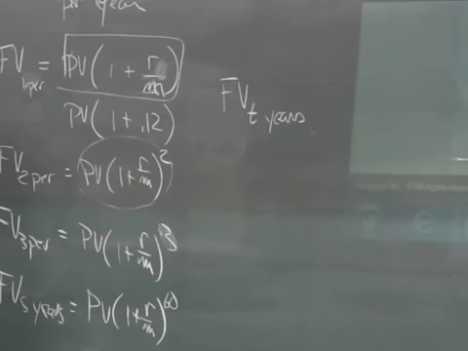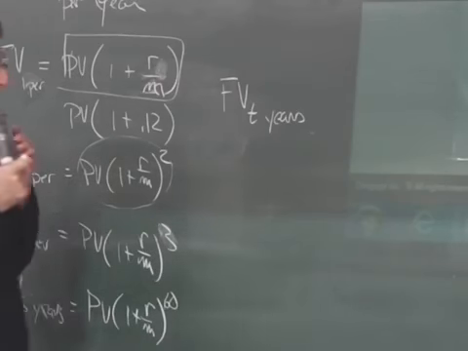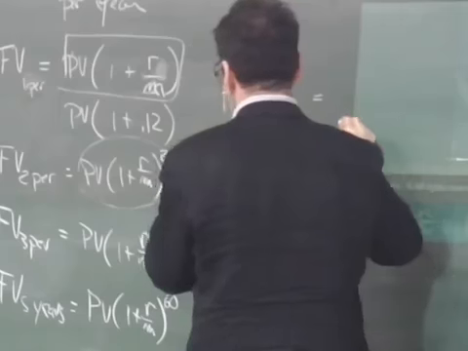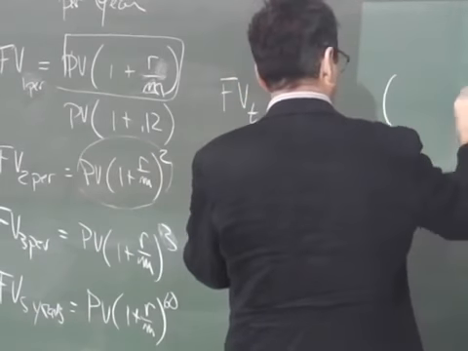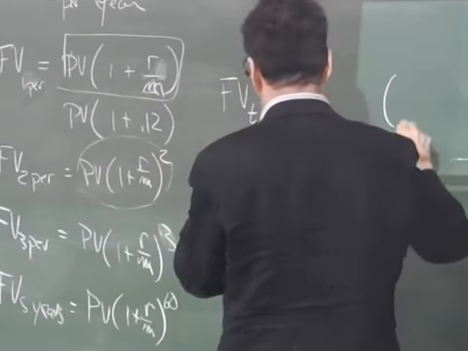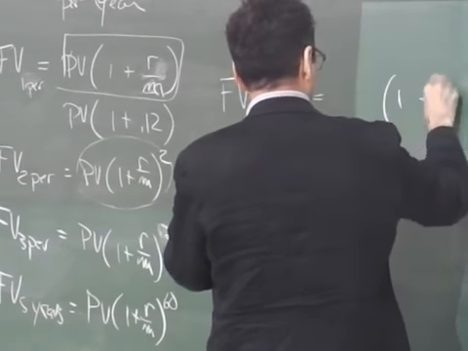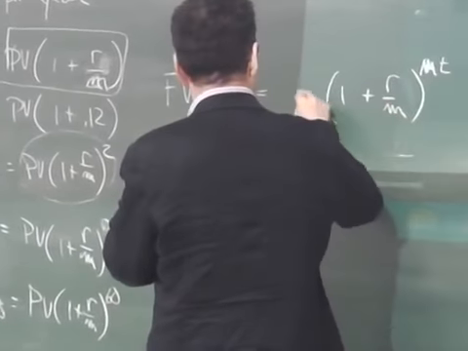T. So it's not 12 times 5, it's M times T. So it's going to be M times T there. It's going to be PV times 1 plus R over M to the M times T.